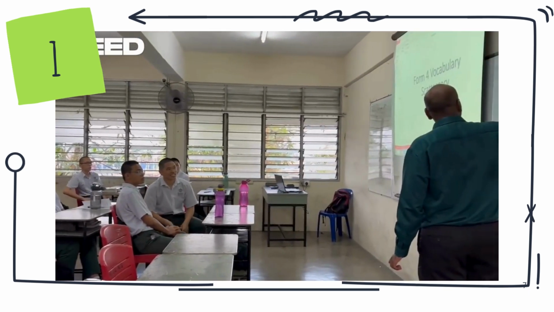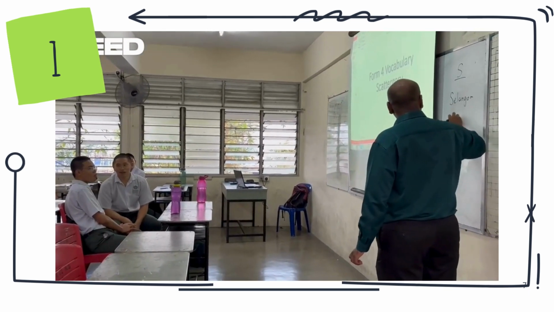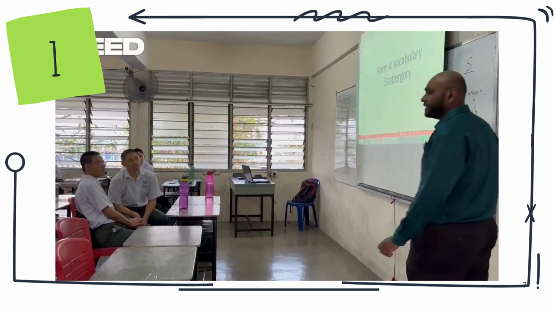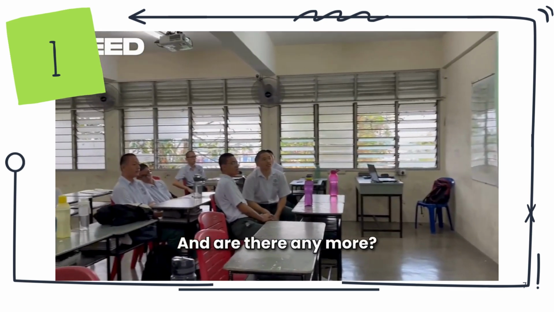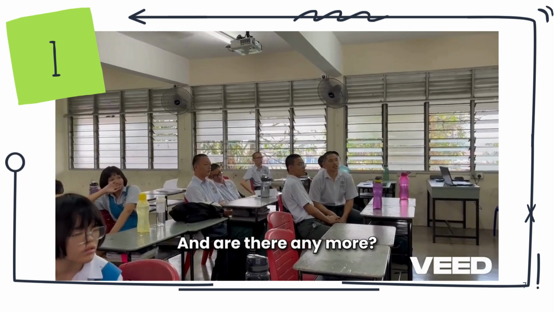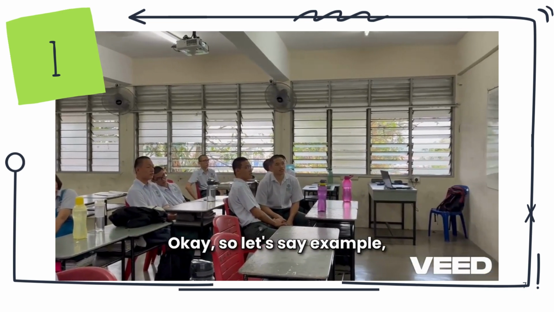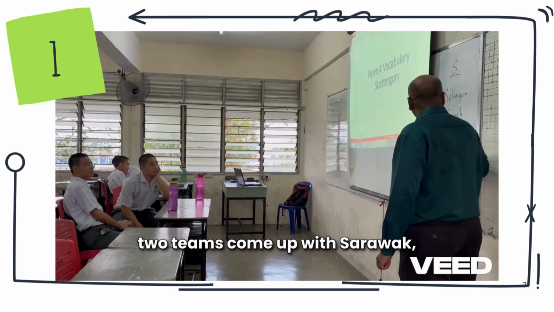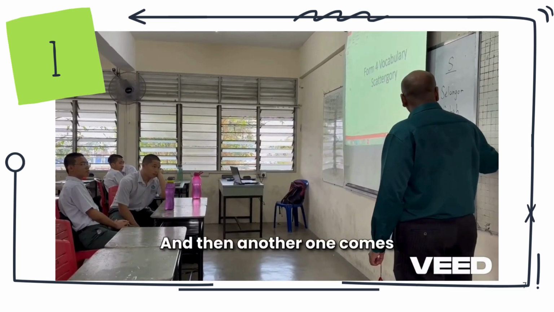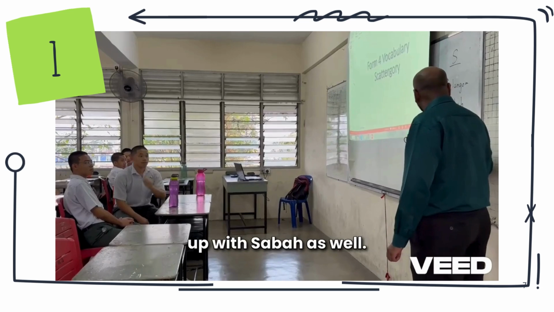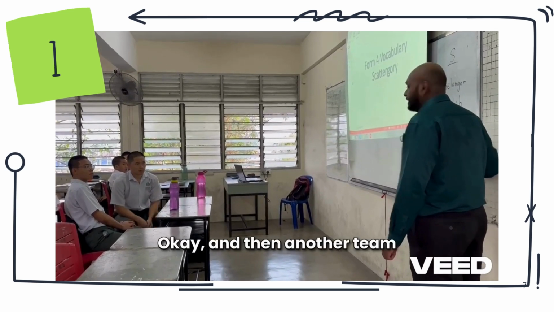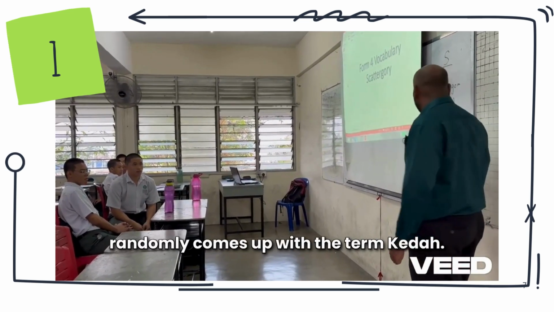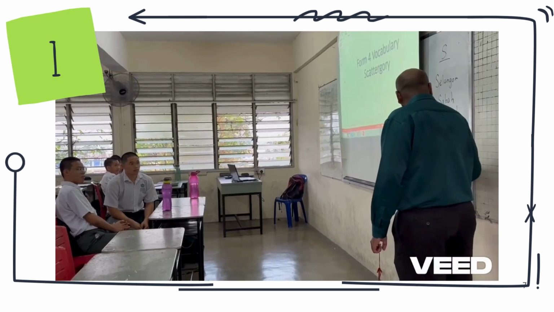Sabah, yes. Anyone? Sarawak, okay. And? Are there any more? Okay, so let's say, for example, two teams come up with Sarawak. And then another one comes up with Sabah as well. Okay? And then another team randomly comes up with the term Kedah.